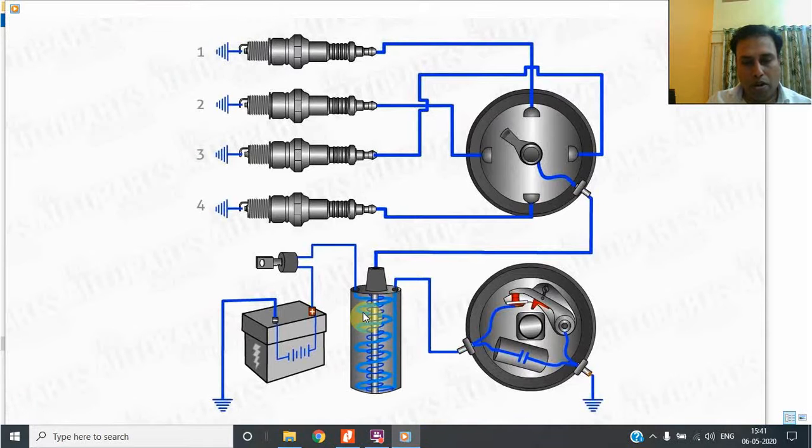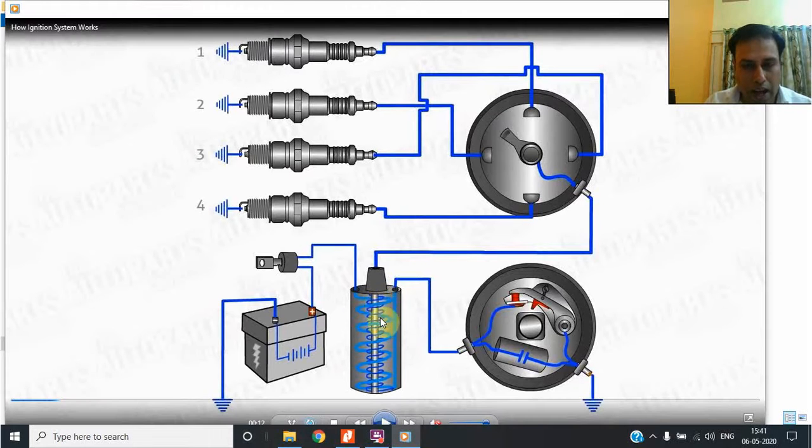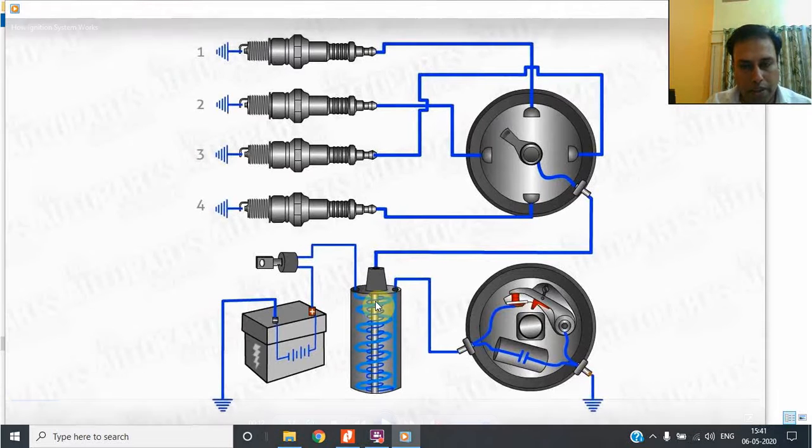In the primary circuit the current is collapsed after a certain time, because the collapse of current itself will give you high voltage in the secondary coil. This is the coil section. In this high tension coil section, first is the primary coil, and inside that there are a number of turns for the secondary coil. This secondary coil will give high voltage when the primary coil current is collapsed all of a sudden.